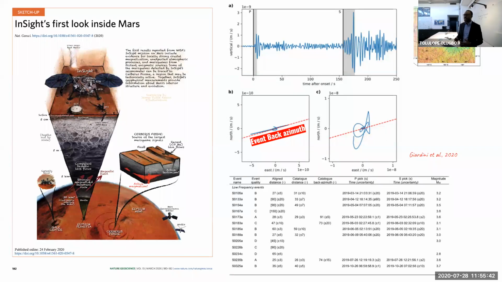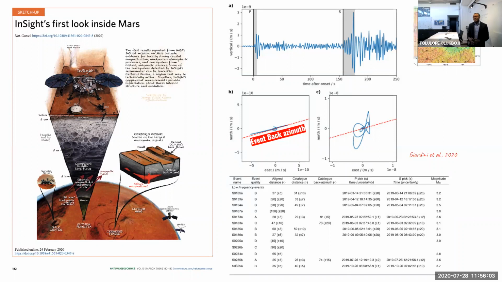Now the question you might ask is, but wait, we only have one seismometer. How can we know where the Mars quakes are coming from? Because maybe I learned in my intro earth science lecture that you need three seismometers to triangulate the location of an earthquake.